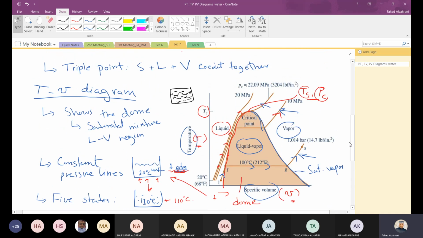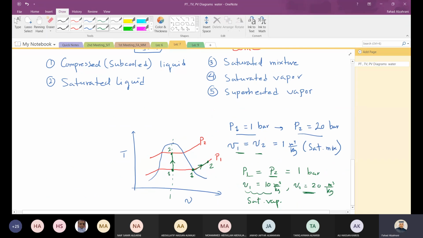Also we talked about the critical point here, and we said the critical point shows that, so let's say if you're here, so this is the critical point, and by the way, this critical point is specific to each substance. Each substance has one critical property or specific or distinct critical properties.